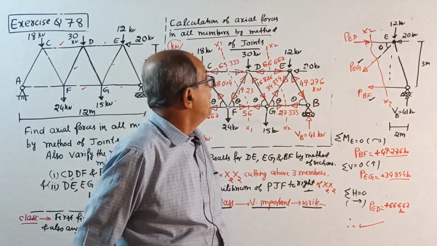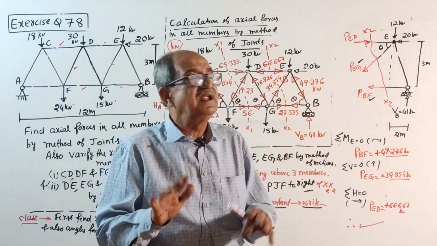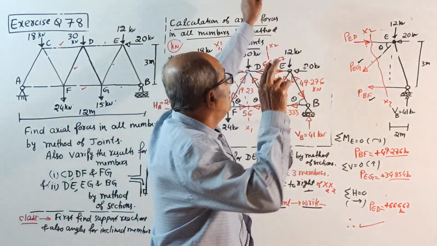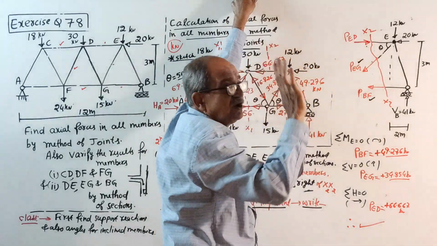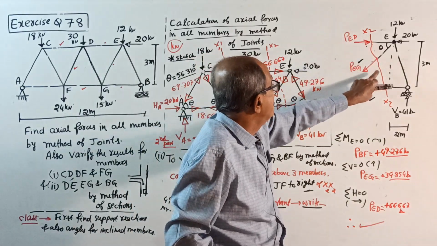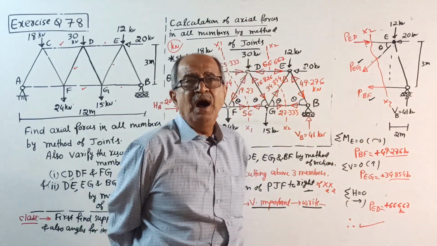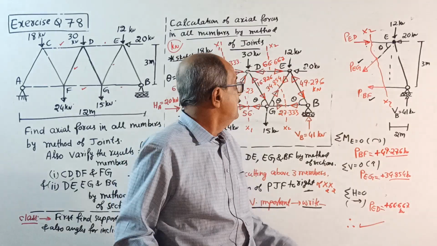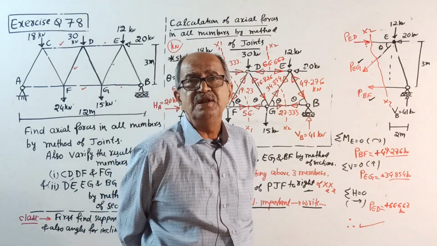Positive sign does not by itself indicate tension or compression. Positive or negative sign indicates whether the direction considered is correct or not. Plus means the direction you considered is correct. Negative means the direction you considered is wrong. That is called mathematics. Later, I am uploading one class regarding this plus-minus confusion also.